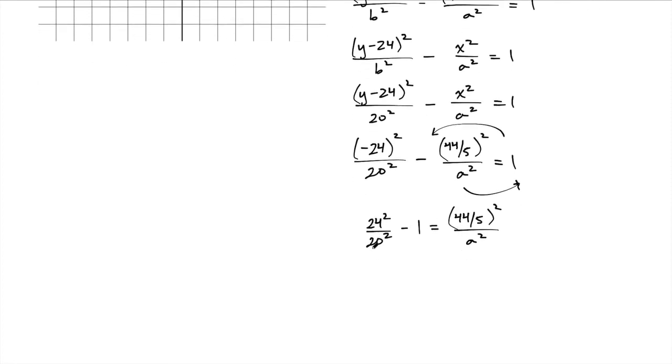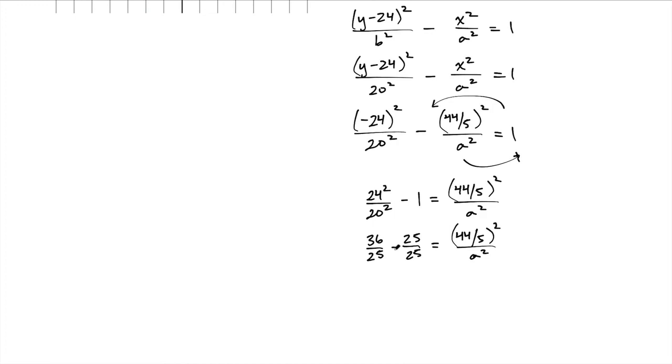First of all, 24 over 20 can reduce. That's 6 over 5, and then squared is 36 over 25. Minus 1 is 25 over 25. And then we've got 44 over 5 squared over a squared. 36 minus 25 is 11. So we've got 11 over 25 equals this fraction.